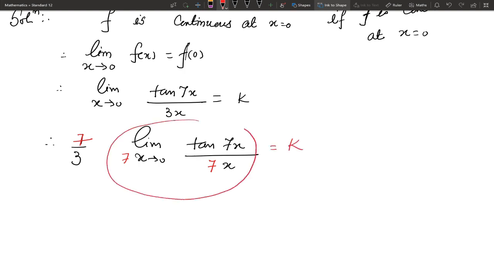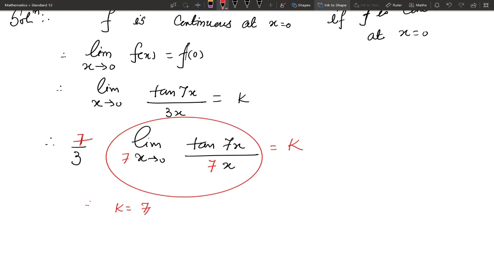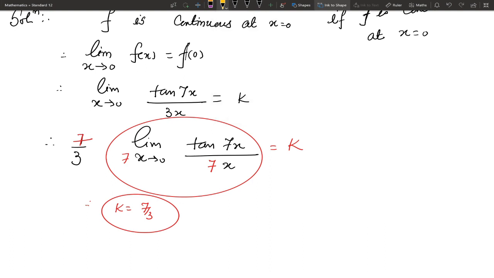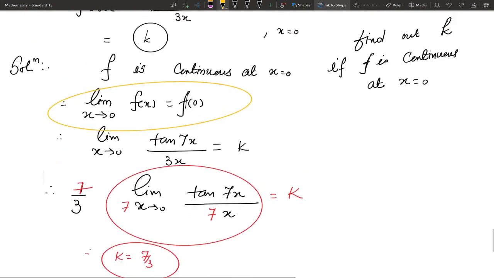By formula this limit is 1, so k equal to 7 by 3. So we have used the definition of continuous functions. Since f is continuous at x equal to 0, by definition limit x tends to 0, f of x equals f of 0. We have used this definition.